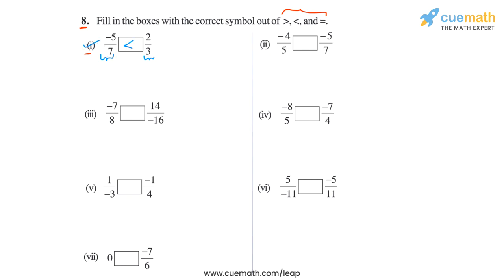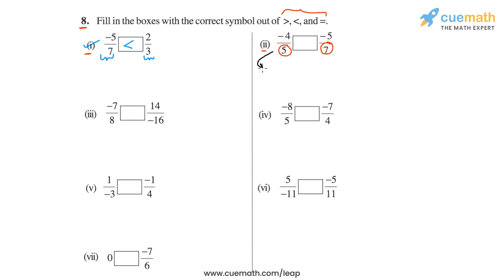Then in part 2, we have to compare minus 4 by 5 and minus 5 by 7. So both of these rational numbers are negative numbers. So let's compare them by converting them to equivalent rational numbers with the same denominator. The LCM of the denominators 5 and 7 is 35. So let's write both of them as equivalent rational numbers with denominator 35.